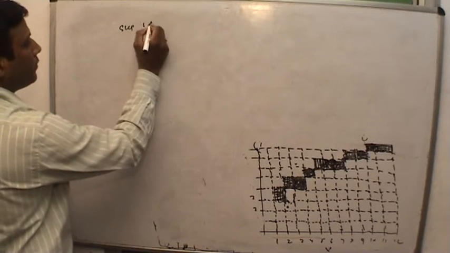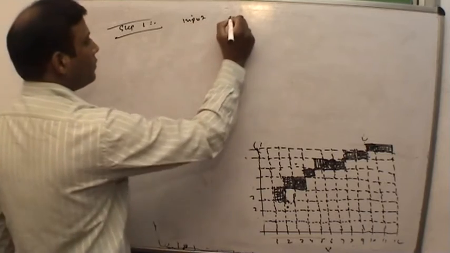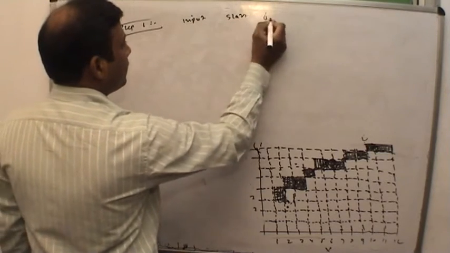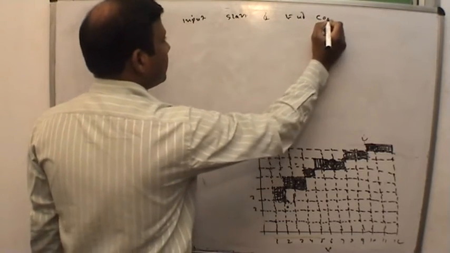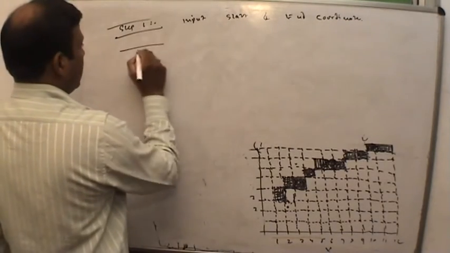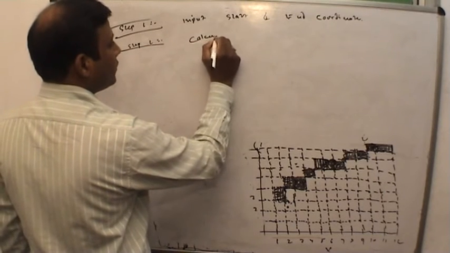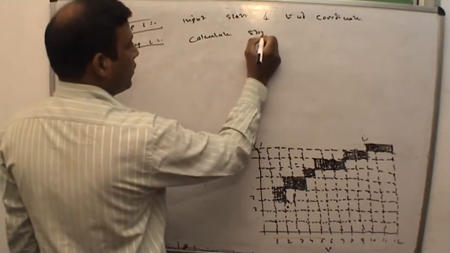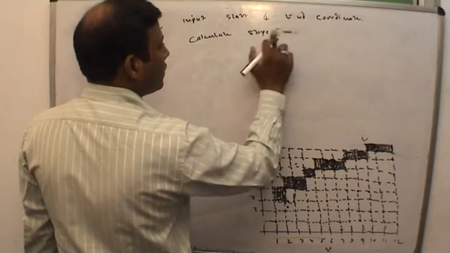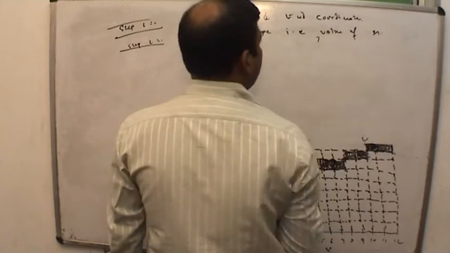Step 1, input start and end coordinates. Step 2, calculate slope, that means value of m.